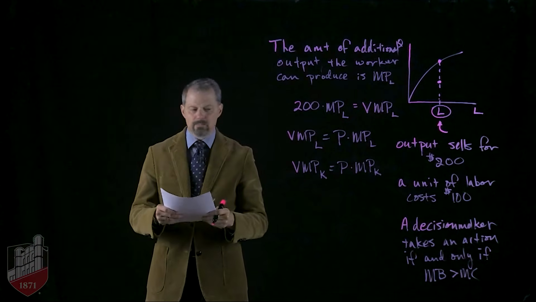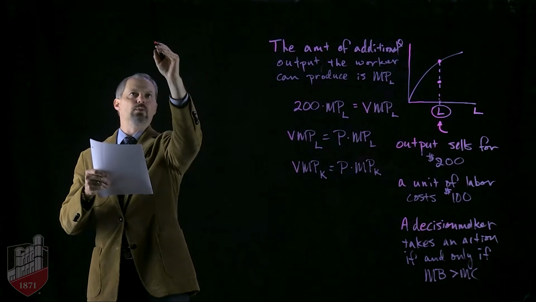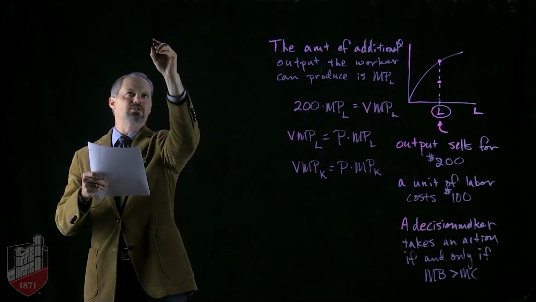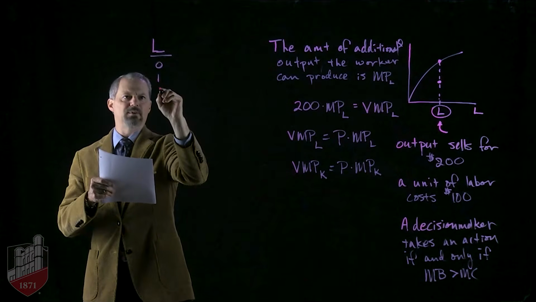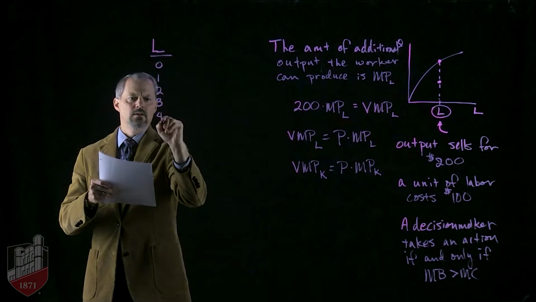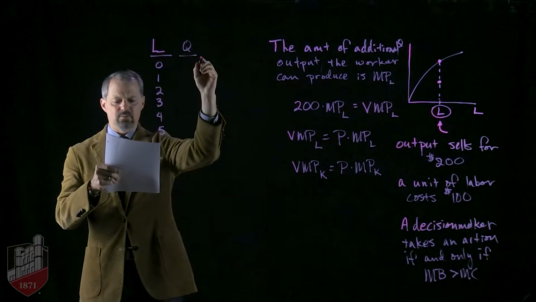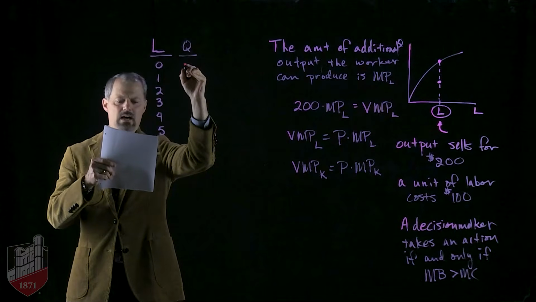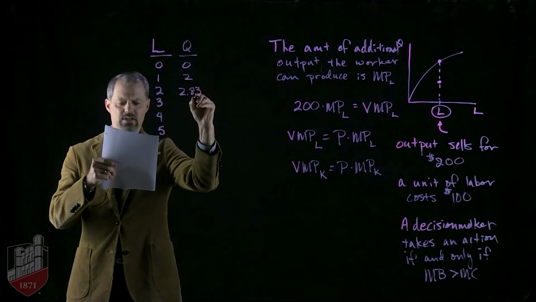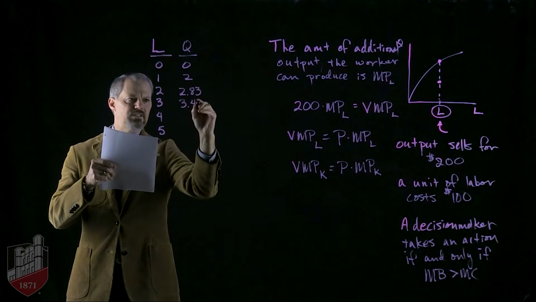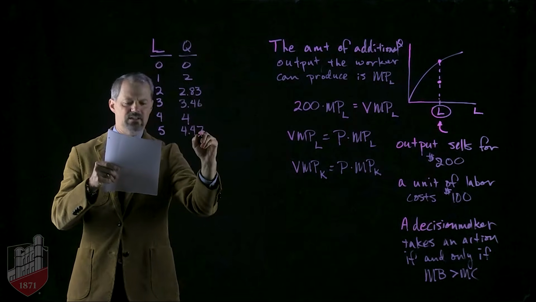Let's add value marginal product to that table that we had. I'm going to create a new table that just has part of it. I'm going to have labor, and remember that was 0 up to 5. And I'm going to have our output, that was 0 to 2.83, 3.46, 4, and 4.47.